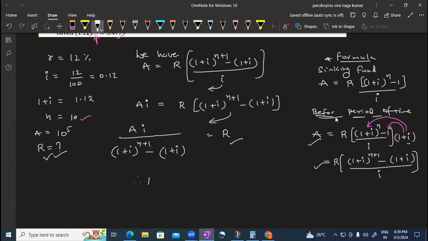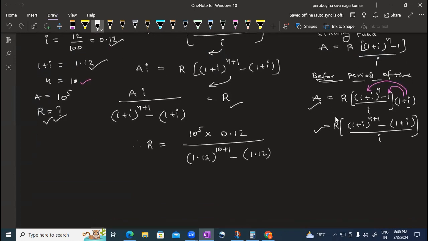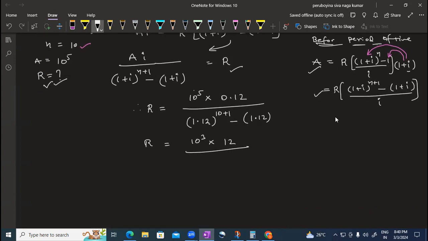So R is equal to, what is the amount? 1 lakh, which means 10 power 5. What is the I value? The I value is 0.12, divided by 1 plus I whole power n, that means 1.12 whole power 10 plus 1, after that minus 1.12, the 1 plus I value, which I already did here. So R is equal to, this is 10 cube, and with the 2 zeros I multiplied with this one, I got 12. 10 cube into 12, so 10 square is multiplied with this.